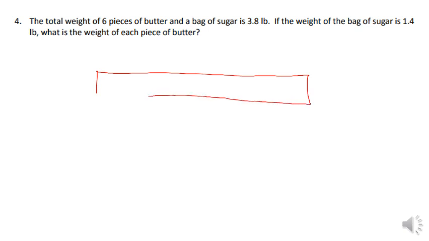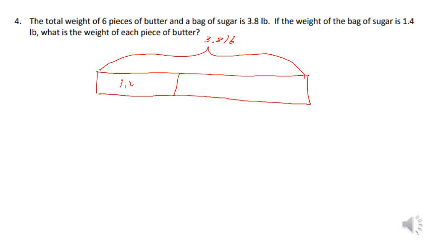Here is the total weight, and we know the total weight was 3.8 pounds. Now it said the bag of sugar was 1.4, so I know it's going to be right about here.